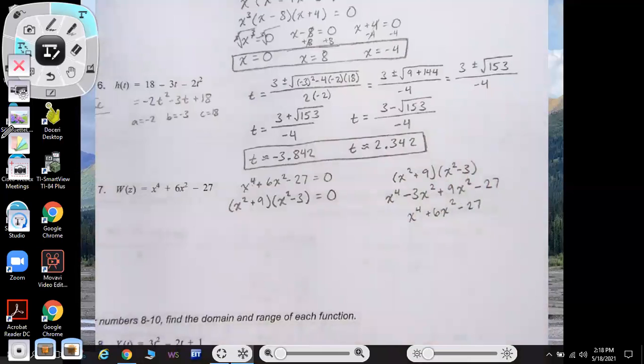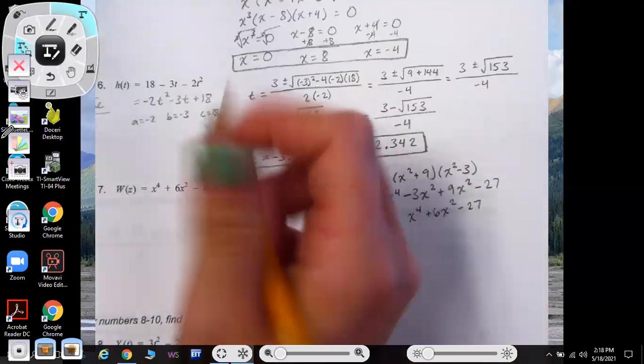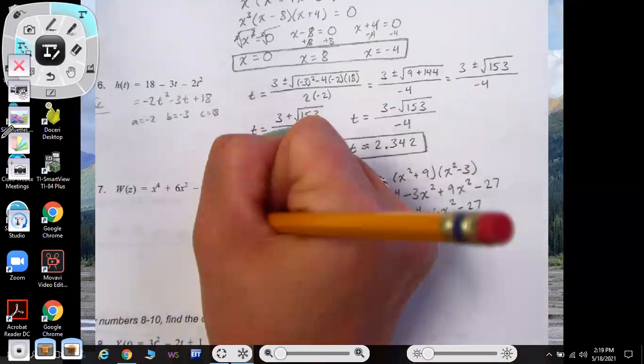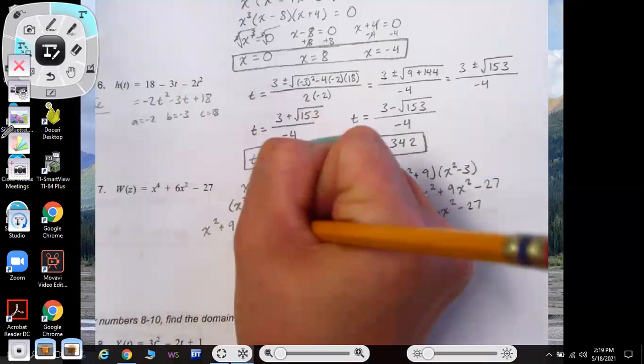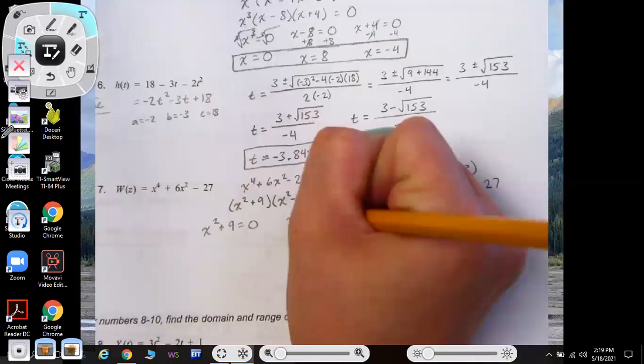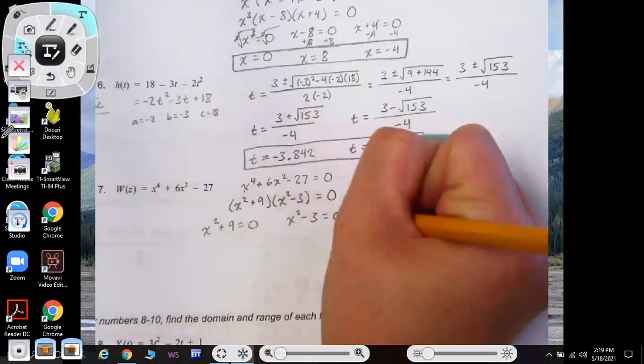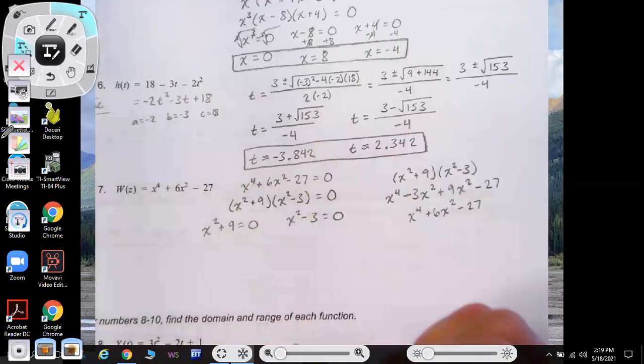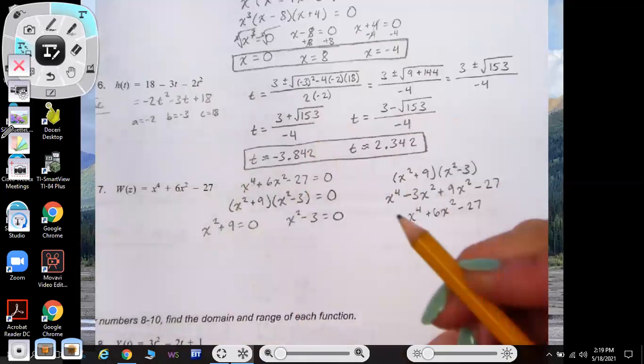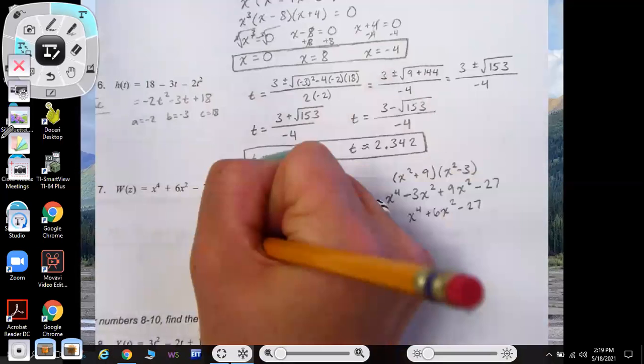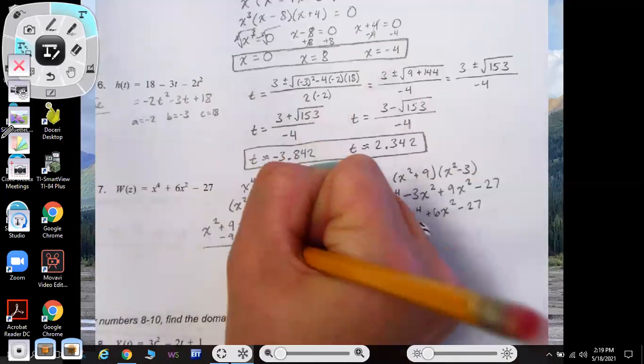Now that we have our 2 sets of parentheses, we can set each one equal to 0 separately and solve. So x squared plus 9 equals 0, and x squared minus 3 equals 0. Solve for x. So subtract 9 from both sides here.